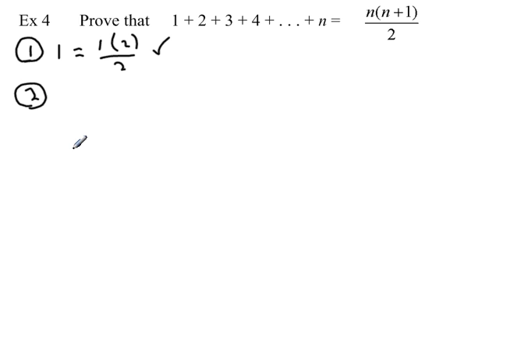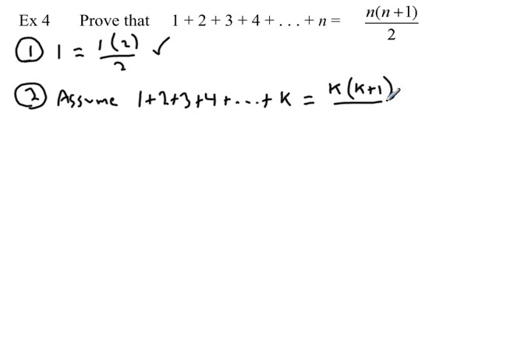Okay. Second step, now we've got some work to do. We want to assume that this entire equation will work for any value of k. So I want to assume that if we plug k in place of n, and really k just stands for any number, so we want to assume that anything we plug in place of n will make this true.